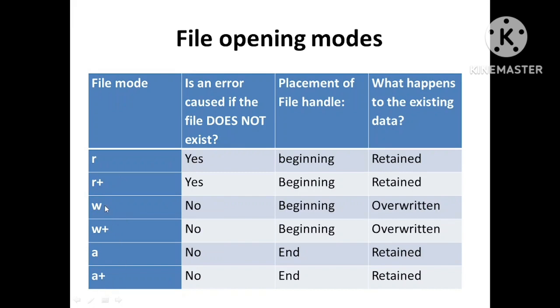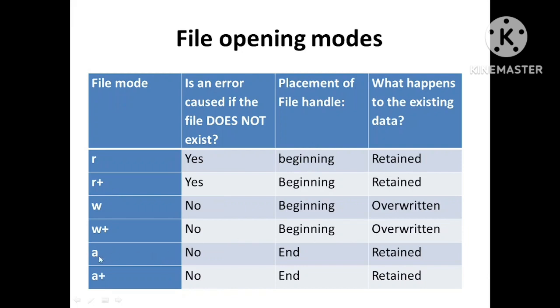Then, when you open a file in a file mode, where is the file handle placed? What did I tell you? File handle means it's like a cursor. So when you open a file in read or read+ mode or W mode, the file handle is placed in the beginning of the file.